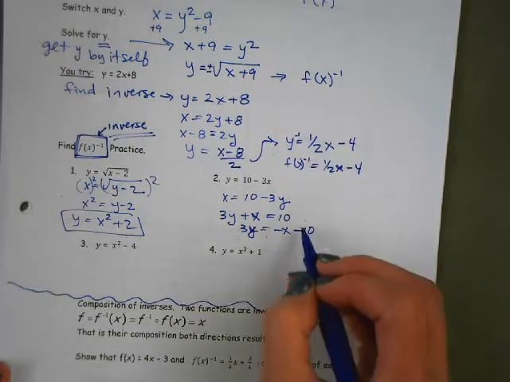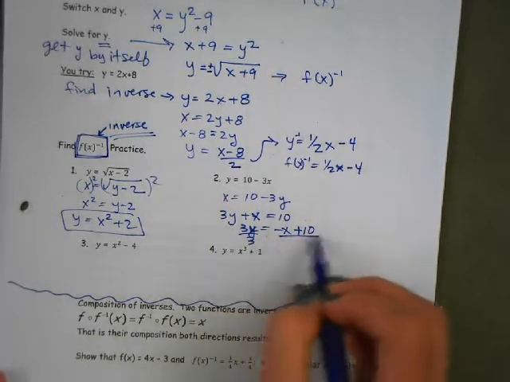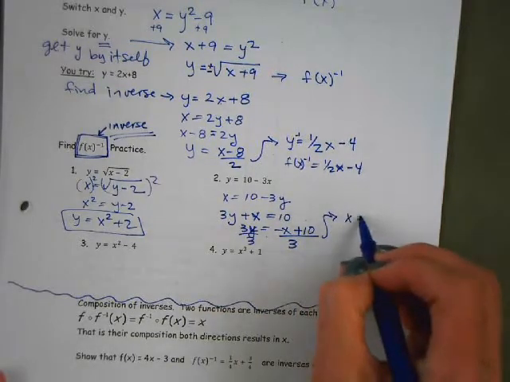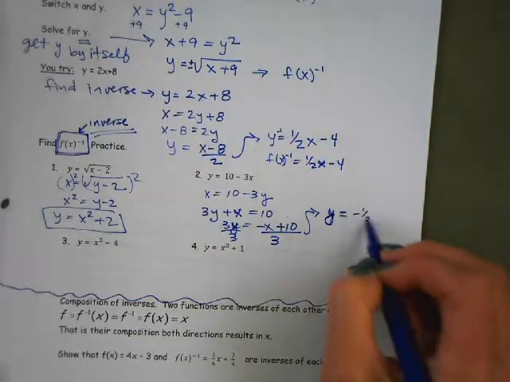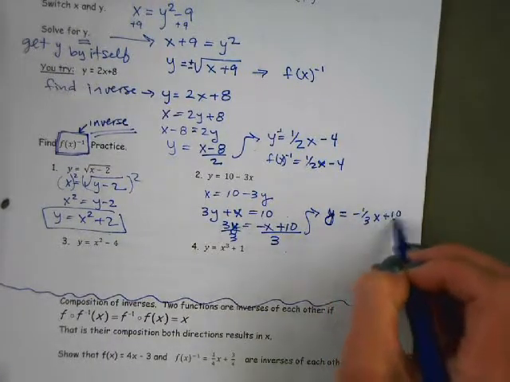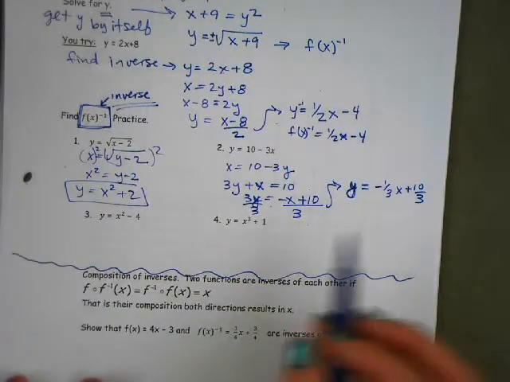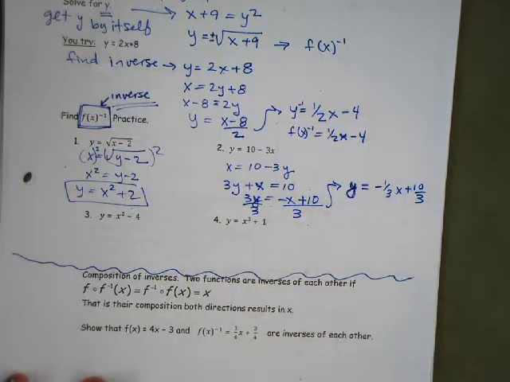And then 10, and that's a plus, and then I divide by 3. Okay, and so in the end, I'm going to get y equals negative 1/3 x plus 10/3. Okay. If you had it as negative x plus 10 over 3, that's fine too. This is fine, either way. Okay?